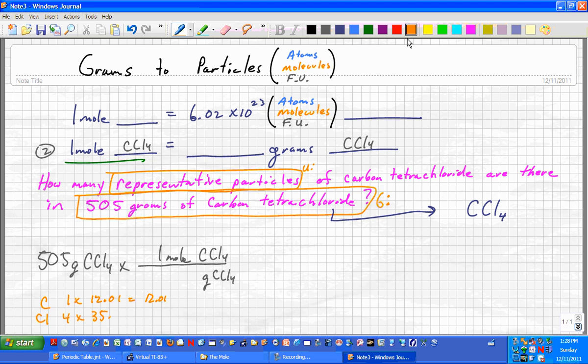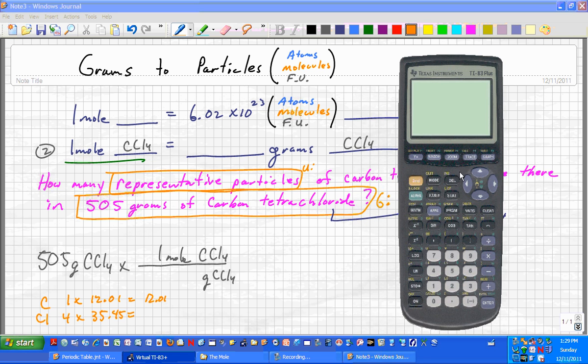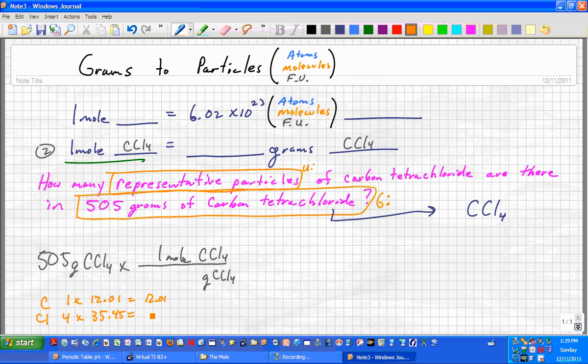So it's 4 times 35.45. I'm thinking it's around 140. Yep, 141.8. So I've got 141.80.